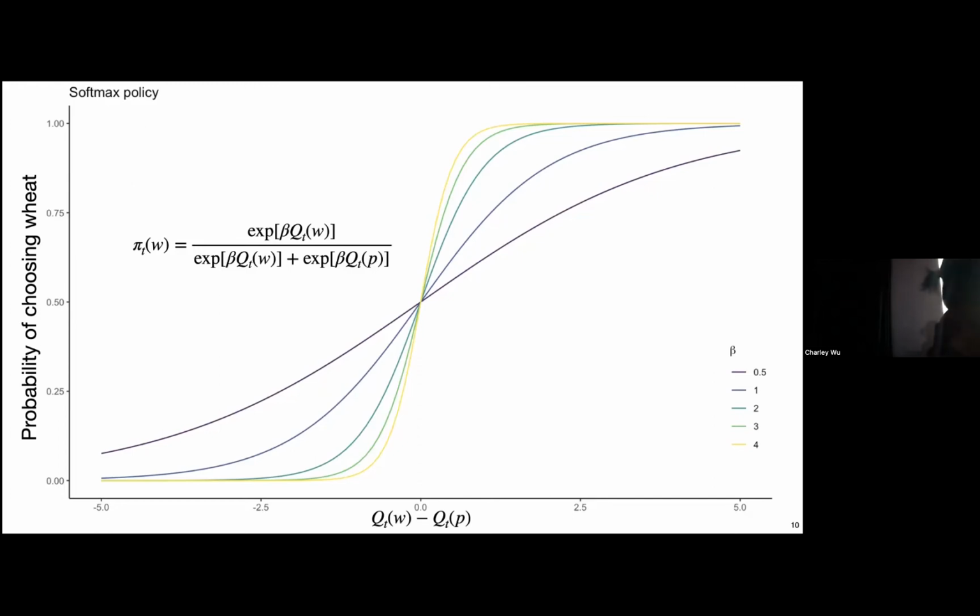But when the beta value approaches a larger number, you would almost always choose the highest Q value option, even though the Q value difference is only tiny. You always prefer the slightly higher Q value.